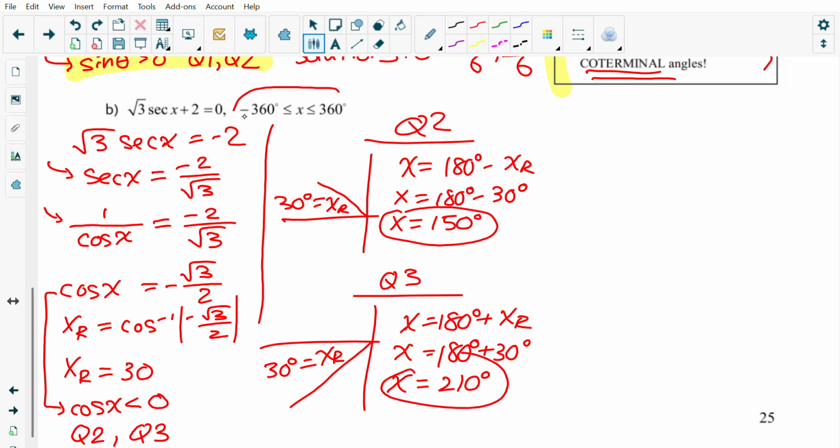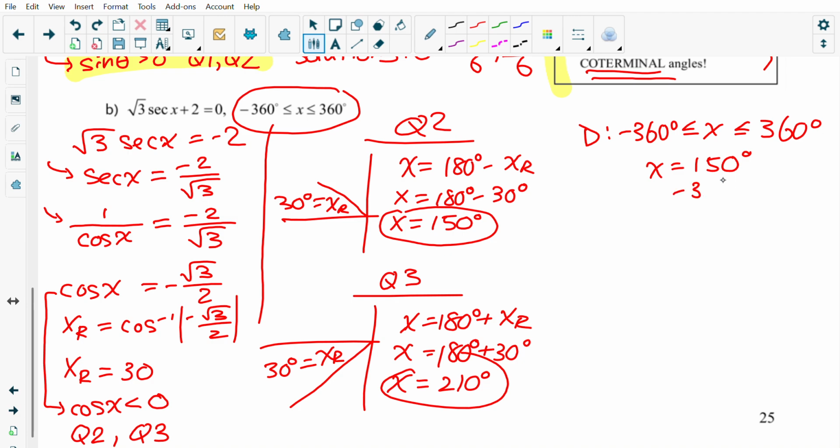I have another one, but pay close attention to my domain, which is negative 360 degrees and positive 360 degrees. I have x equals 150 degrees. Well, if I subtract 360 degrees, I get x equals negative 210 degrees.